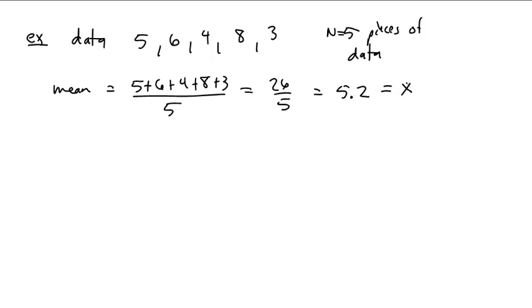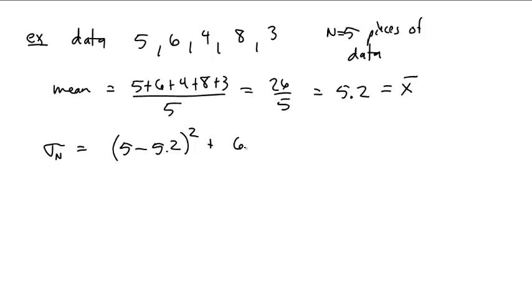That is our x bar. Our standard deviation, sigma, this is a full set of data, so we're going to use n. Sigma sub n is, oh golly, how much does the first piece of data deviate from 5.2? It is 5 minus 5.2, which is basically 0.2. Well, it's negative 0.2, but when you square it, it becomes positive 0.2.